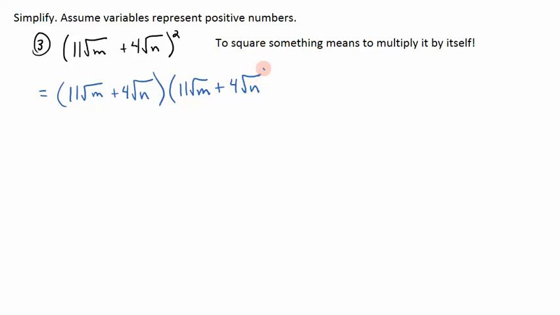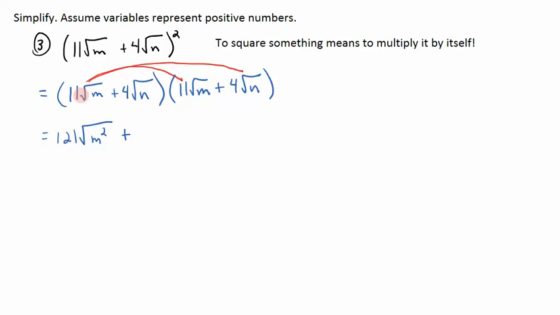And now we know we need to distribute. So I'll distribute my 11 square roots of m first, which is going to give me 121, 11 times 11. Square root of m times square root of m is square root of m squared. Remember, they combine because they're both square roots, and we're multiplying, so they combine to get m squared.